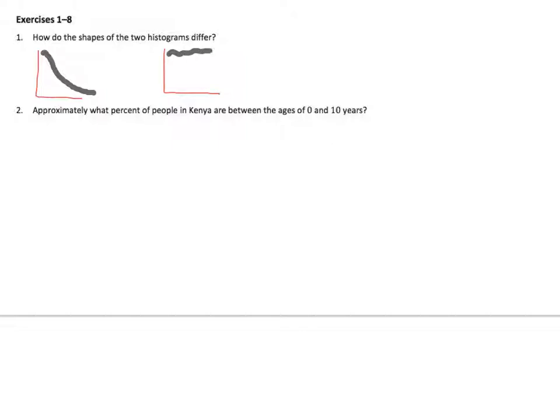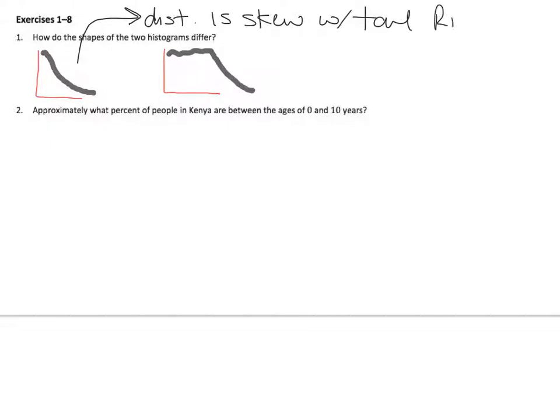We're pretty level off and then a decline. Okay, that's pretty significant. So Kenya, we have a slow decline. So I would say that the distribution is skewed with a tail to the right. The U.S. histogram bars are even for a while, and then they show a more rapid decline, right?